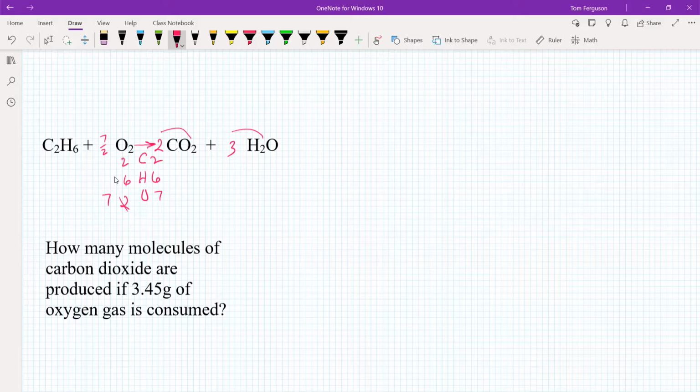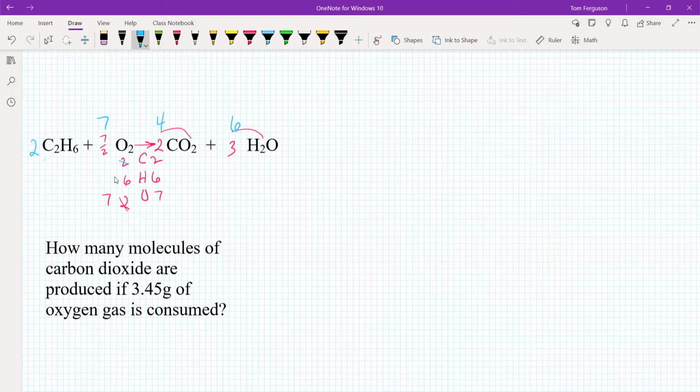So that's balanced, but we have a fraction, so we've got to clear the fraction. That means we're going to multiply by the denominator of the fraction, which is 2. I'm going to do it in a different color. That makes that a 2, that a 7, that a 4, and that a 6. Let's do an inventory to make sure everything is balanced.